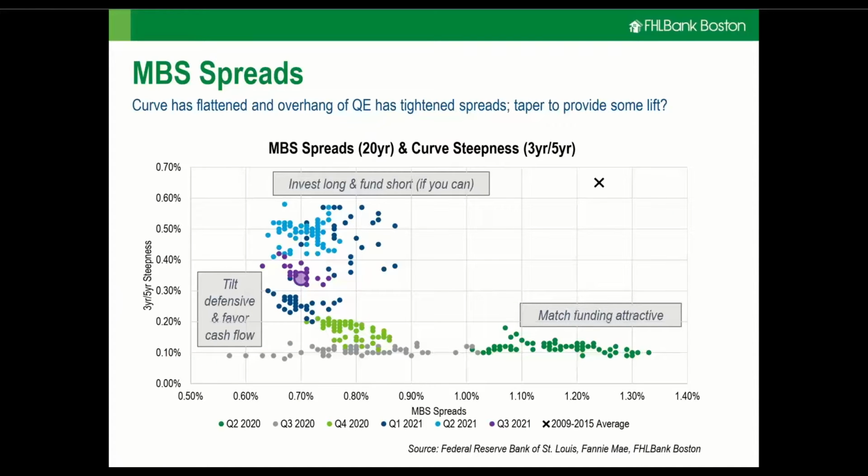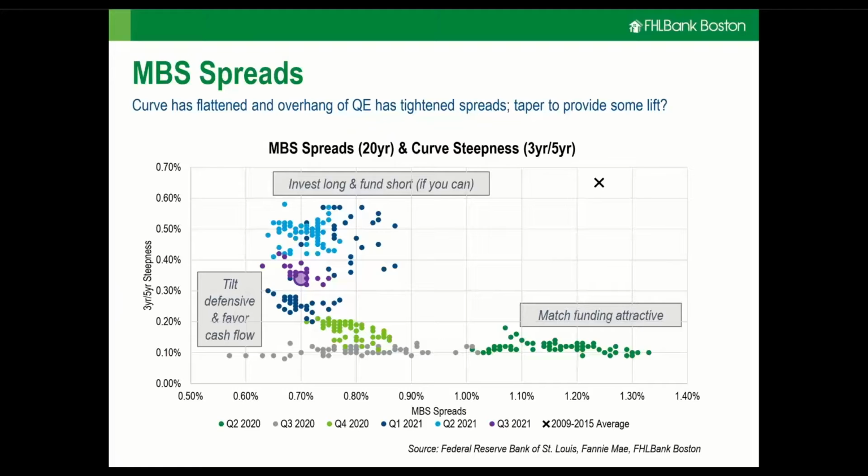So echoing my earlier statement, I hope you bought bonds in March, April, and May. This chart here is looking at the steepness of the curve and spreads on MBS. And the purpose here is to give you some perspective on where there's more compensation for either of those factors.